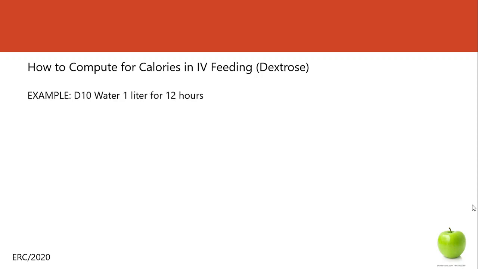Okay, for example, the D10 water, 1 liter for 12 hours. So 1,000 multiplied by 0.1 is equal to 100 ml. So, multiplied by 3.4, so the calorie per 12 hours is 340 kilocalorie.